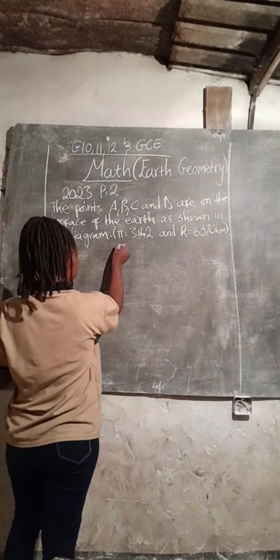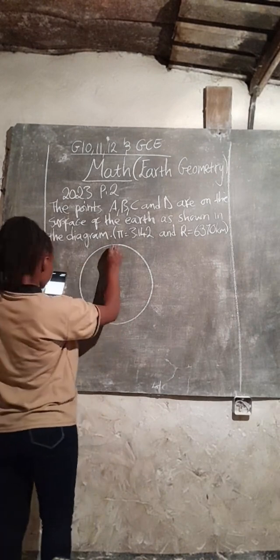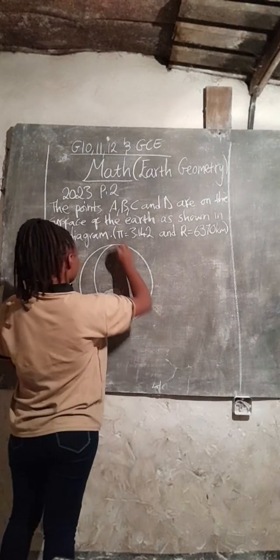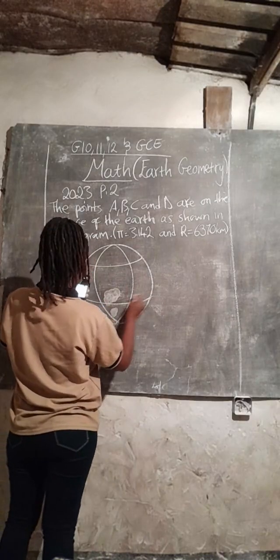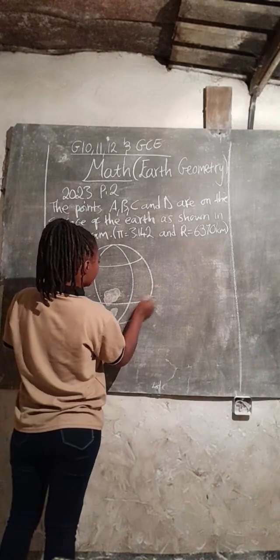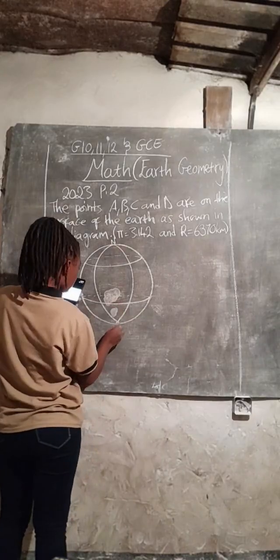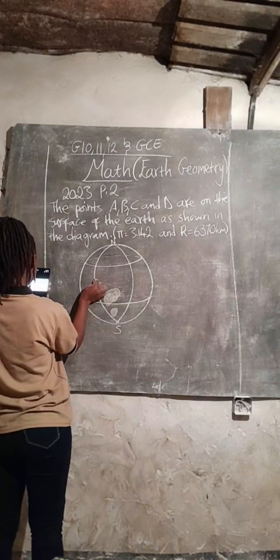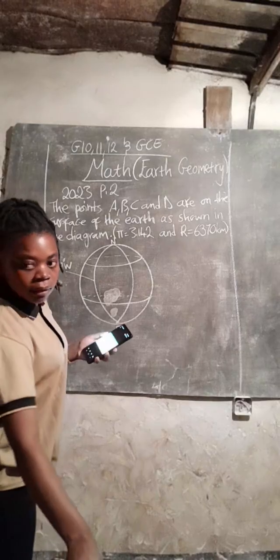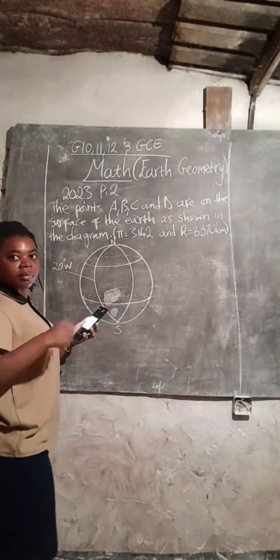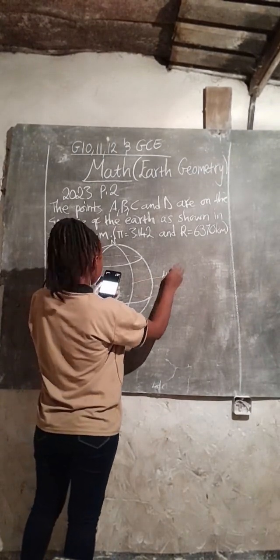And then we have this surface of the earth, with north, south, 20 degrees west, and 40 degrees east.